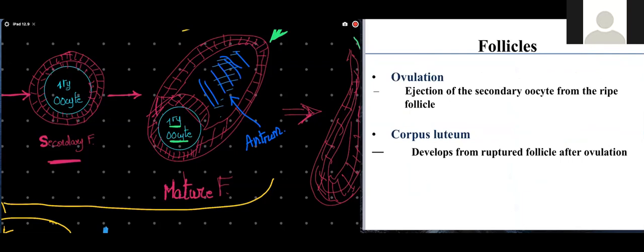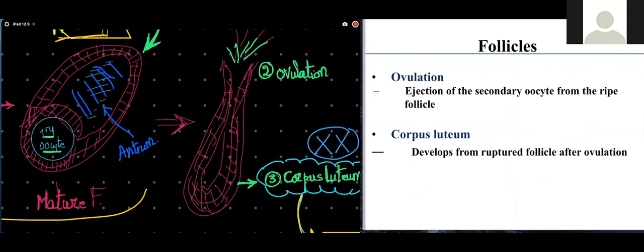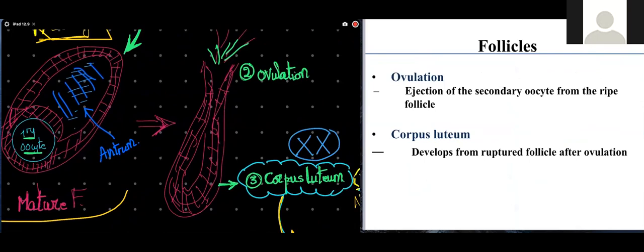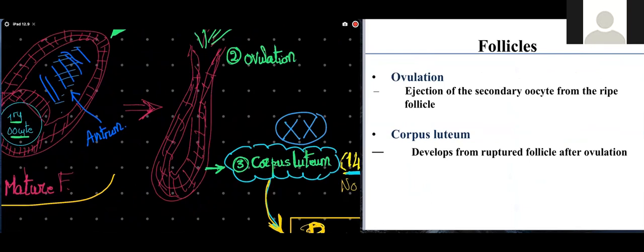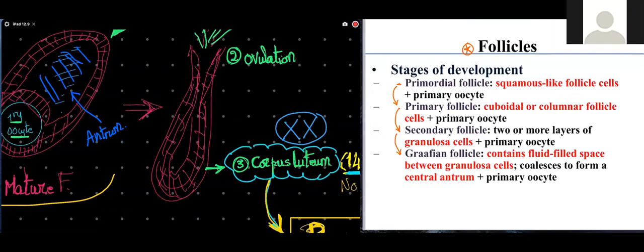Ovulation then takes place, where I have ejection of the egg outside of the follicular cells, and the remaining granulosa cells will be transformed into a corpus luteum. These are the stages of the development of the follicles.